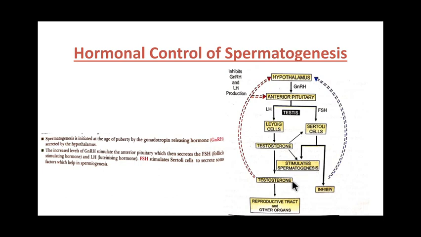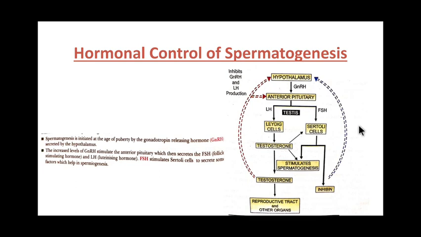Both testosterone and inhibin exert a negative feedback inhibition on the secretion of LH and FSH. So we can say that FSH along with testosterone stimulates sperm production in the seminiferous tubules.